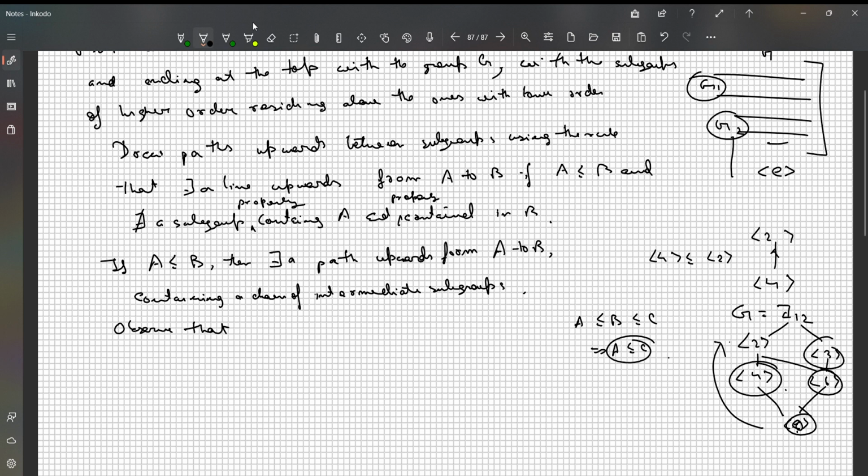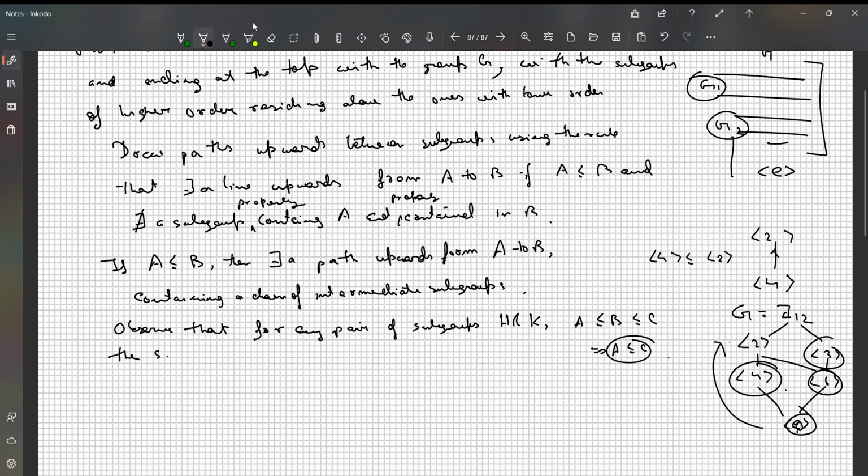Observe that for any pair of subgroups H and K, what is the smallest subgroup containing both H and K?